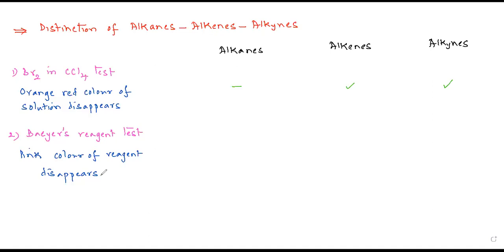Right. Even this also is given only by alkenes and alkynes. All types of alkenes and alkynes. Now, test with the Tollens reagent, wherein we get white precipitate.